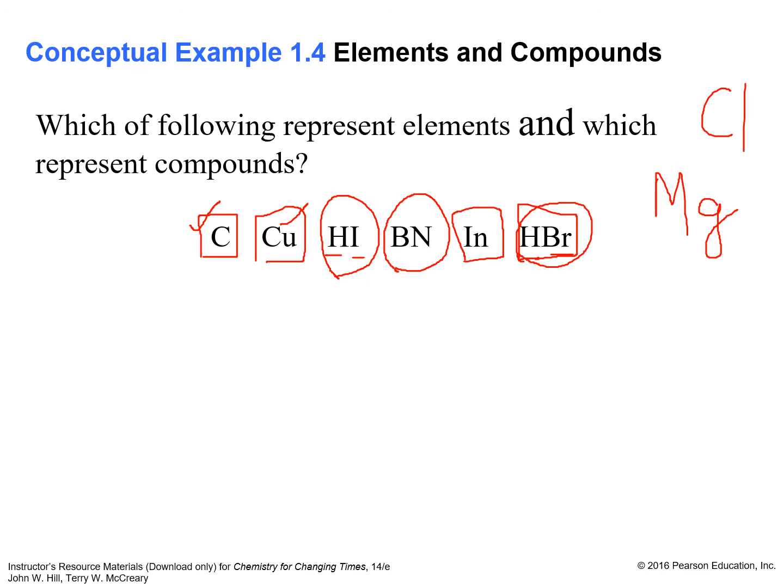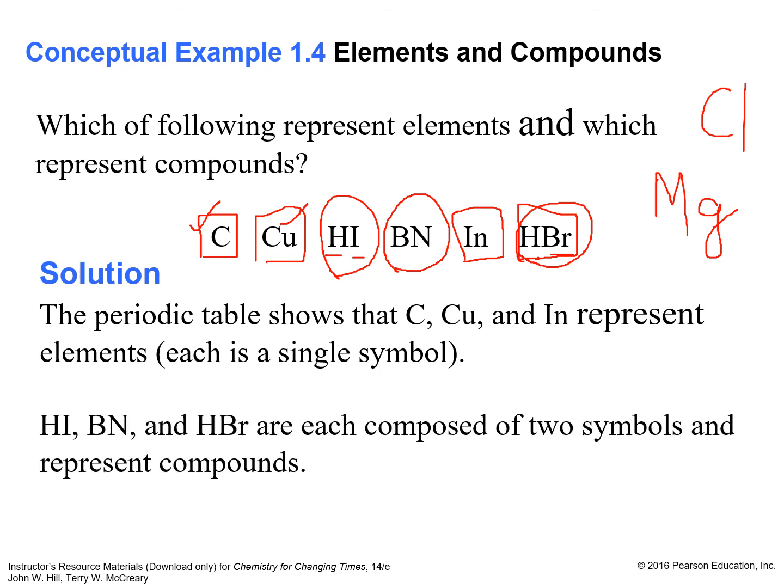So you are expected to memorize the names and symbols of at least the first 20 elements in the periodic table. So start familiarizing yourself with that, and then you will also learn a few as we move along, but the first 20 are a must.